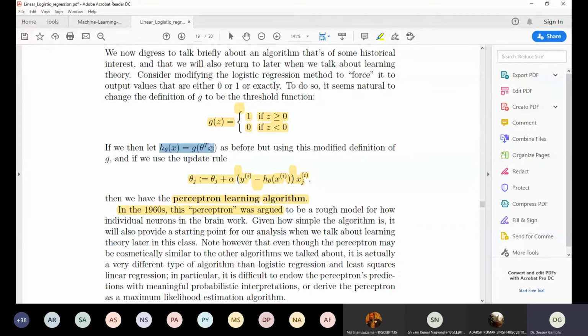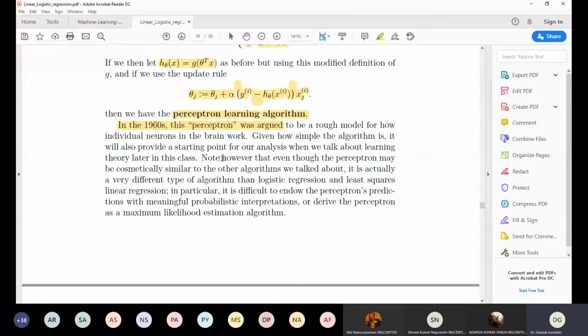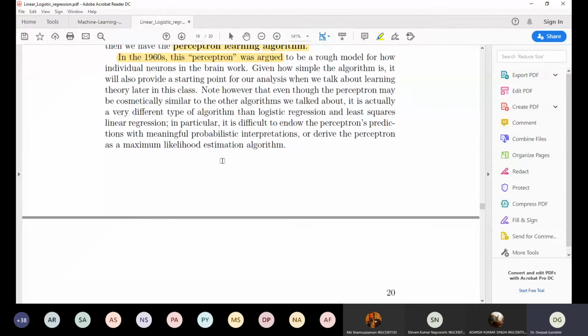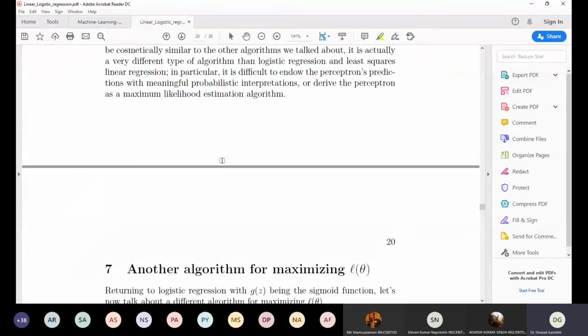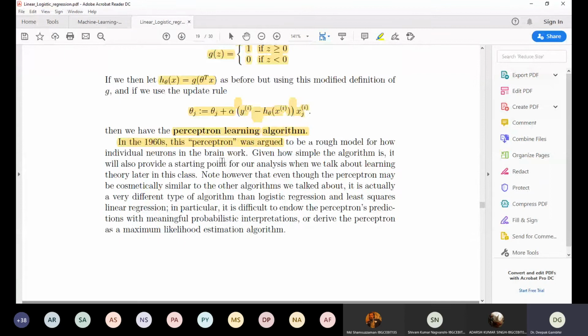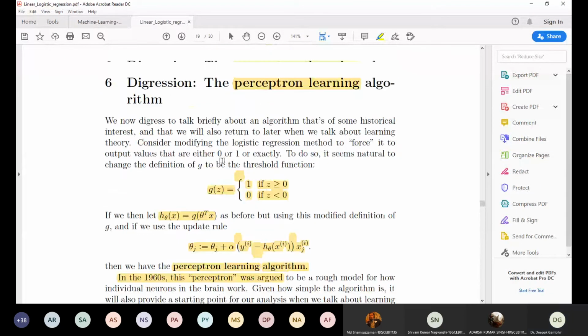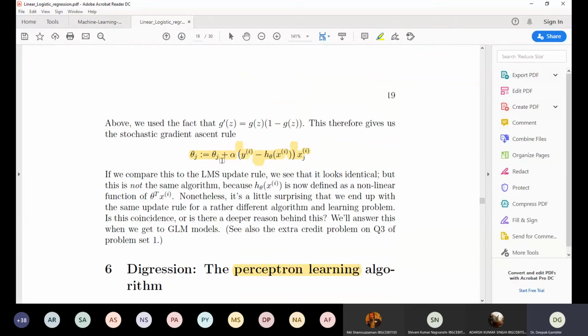This time the h theta is g of theta transpose x, where g is your step function as defined above. So if you solve it, you will get the output for the perceptron learning as we have got there.